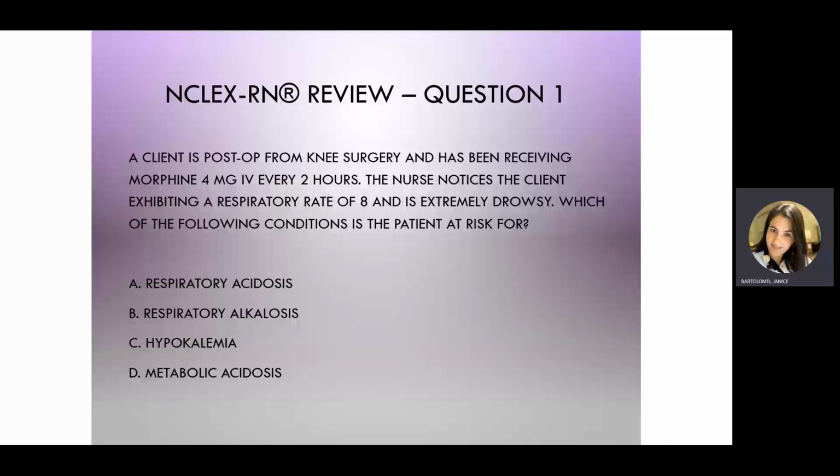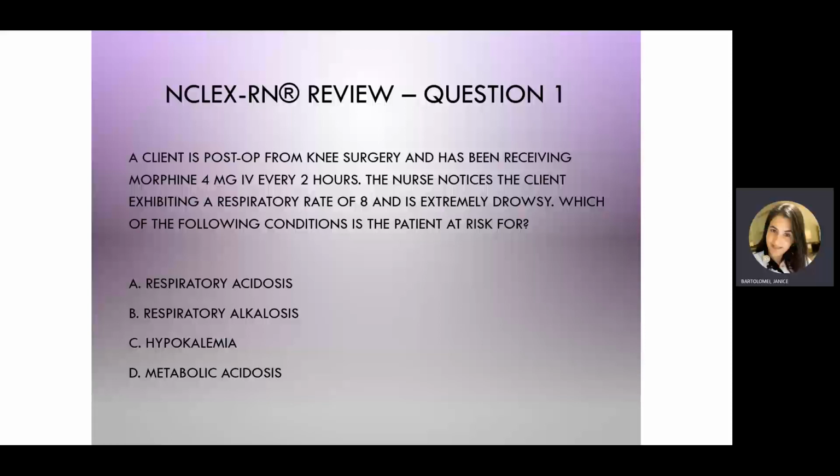So the first question is, the client is post-op from knee surgery and has been receiving morphine 4 milligrams every 2 hours. The nurse noticed that the client is exhibiting a respiratory rate of 8 and is extremely drowsy. Which of the following conditions is the patient at risk for? So we know that they have had surgery, possibly anesthesia. Then we load them with narcotics.